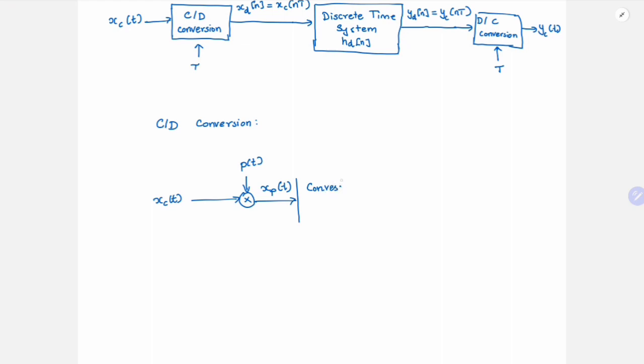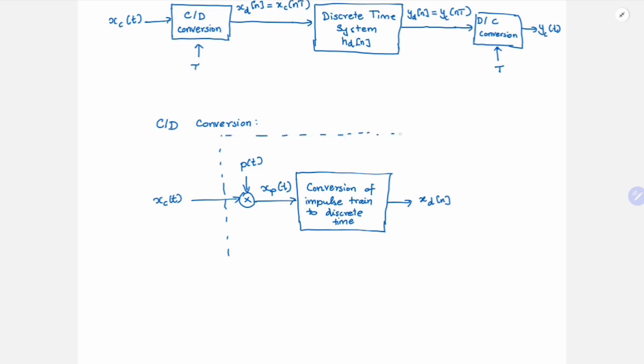So conversion of impulse train to discrete time. How is it done? It is just mapping. So this will give me xd of n. So all this comes under C to D conversion. And my xd of n is nothing but xc of nT.